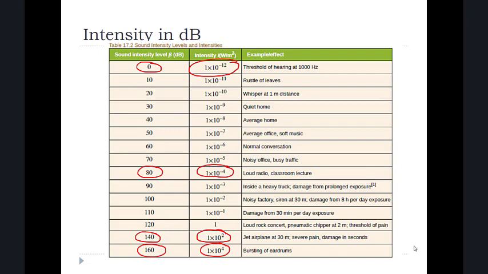If we look here, we had a number of 64 dB, which is between 60 and 70. On our chart, that tells us it should be between 1 times 10 to the minus 6 and 1 times 10 to the minus 5 in watts per meter squared, and the number we got was 2.5 times 10 to the minus 6 watts per meter squared. So yes, that did give us the correct answer.